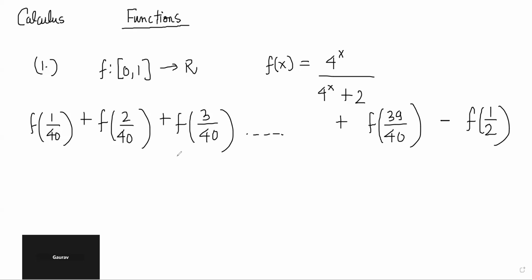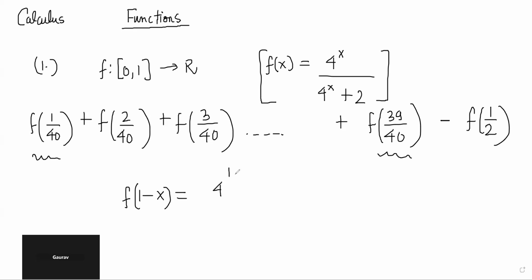Okay, so this is my function and I have to figure out how to get the values of this. Now, this is a very standard question. This has been asked before also once or twice. The point is, if you calculate a few values, you will realize that let's calculate f of 1 minus x.